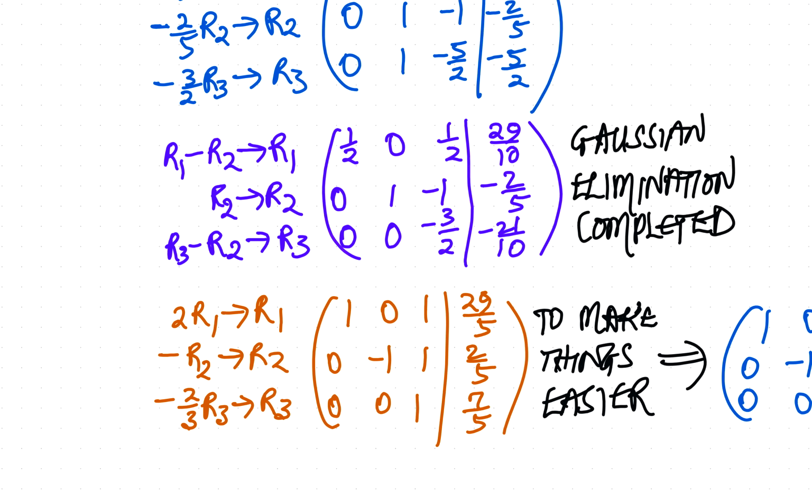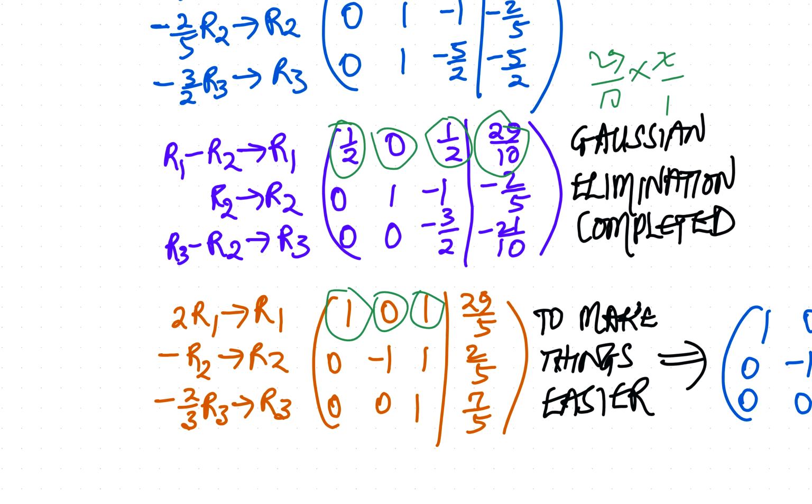So we have 2 times R1. 2 times half is 1. 2 times 0 is 0. 2 times half is 1. 2 times 29 over 10, of course, that's 29 over 10 times 2 over 1. 2 cancels 2. 2 here is 1, 2 here is 5. So that's why you have 29 over 5.